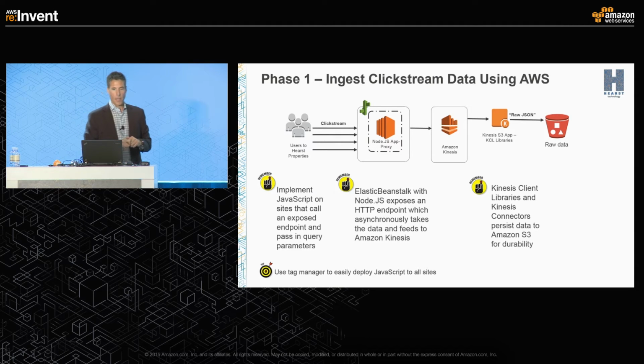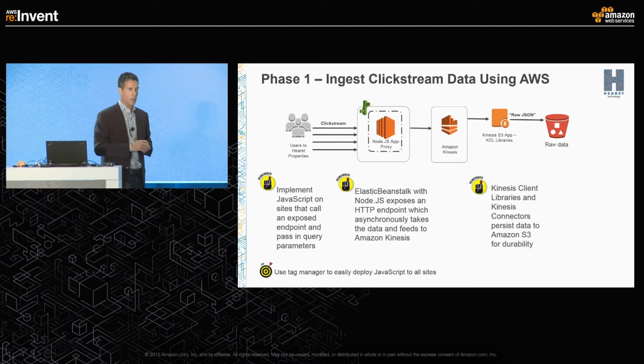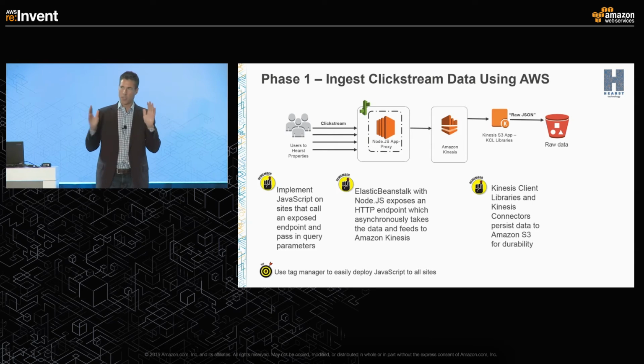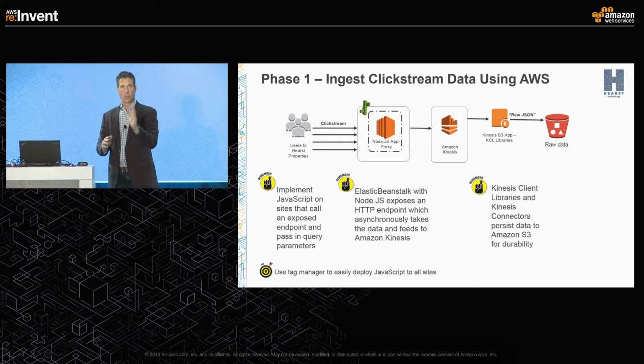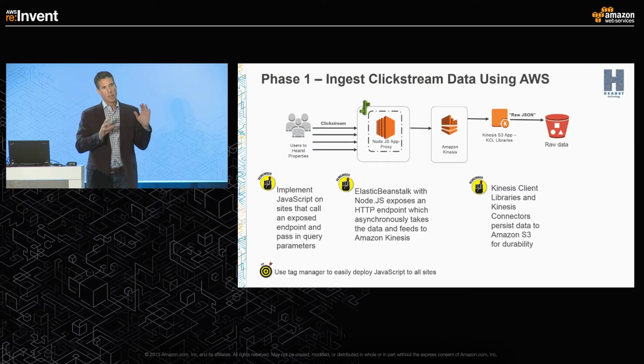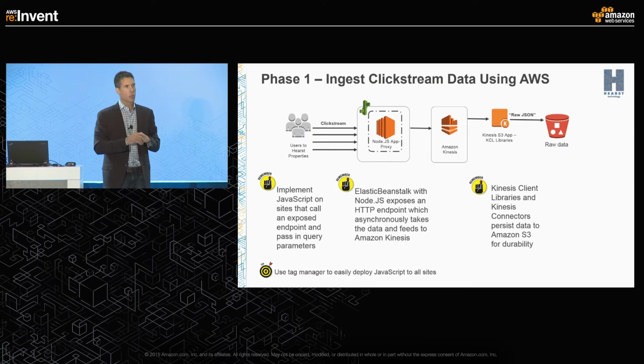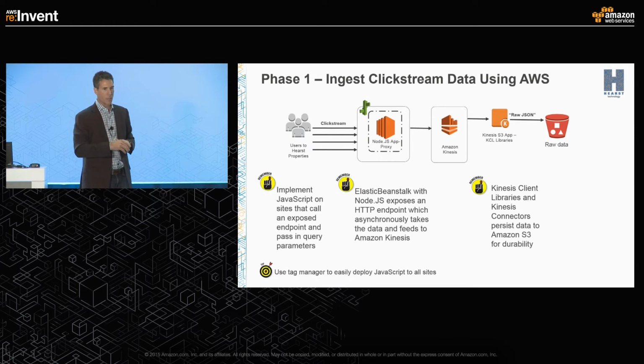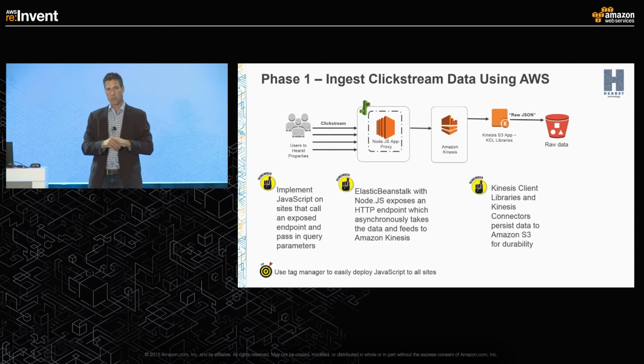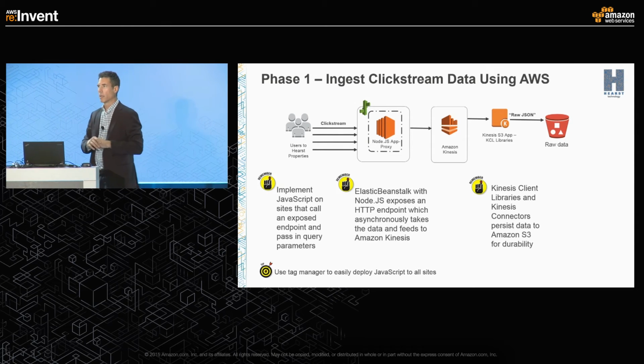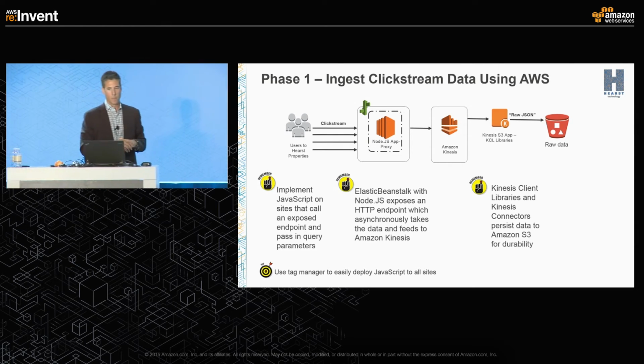We then implemented an Elastic Beanstalk with Node.js, which exposes the HTTP endpoint that Roy alluded to earlier in his presentation. So we're transmitting the data off of the page that we're interested in, sticking it on an HTTP request, and transmitting it via Node.js. And that Node.js is putting it onto a Kinesis stream.